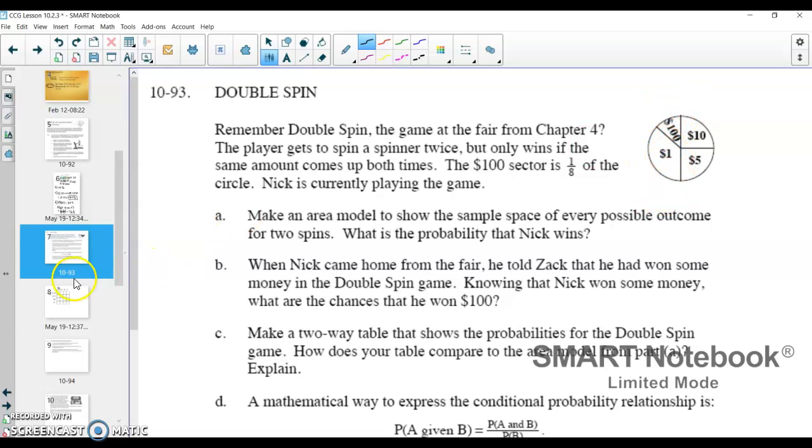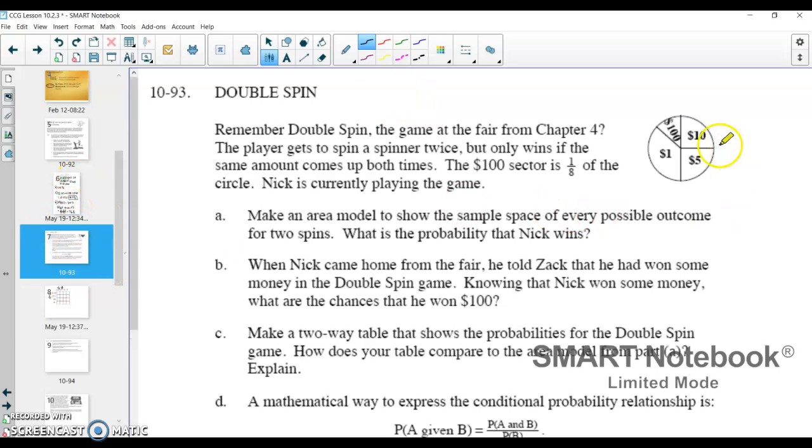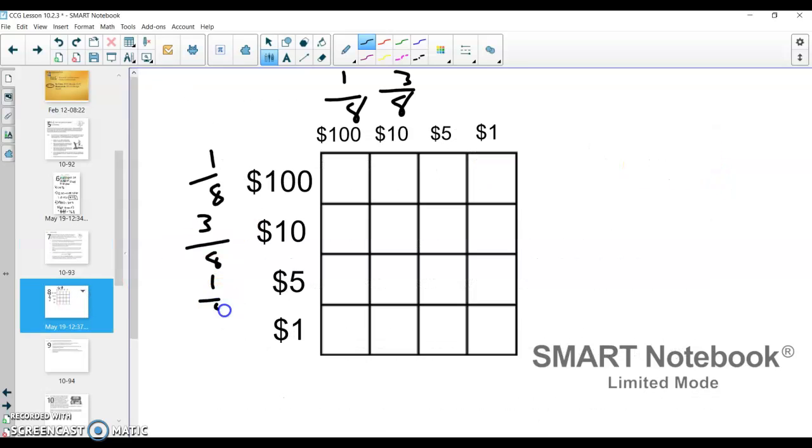So my probability for getting a 10 is 3/8, and the 10 up here would also be 3/8. Going back to my circle, the 5 is a 1/4 chance, and the 10 is a 1/4 chance, because this is clearly 1/4 of a circle for each of them. So for a 5 you get 1/4, and for a 1 you get 1/4, and you can say the same for the second spin as well.